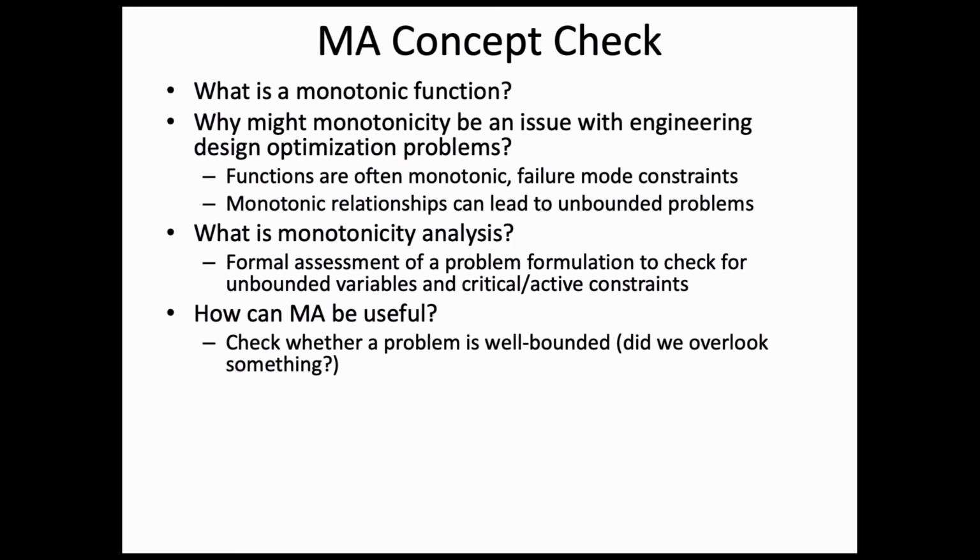If it's not well bounded, it's going to indicate we've probably overlooked something, but it's not just a binary thing. It doesn't just tell us that, yes, we've overlooked something. It gives us some important clues. It gives us rich information about, with respect to what variable are we unbounded, what constraints are involved. We need to think deeply about the relationship between the unbounded variable and the different types of failure modes that variable could be connected to.